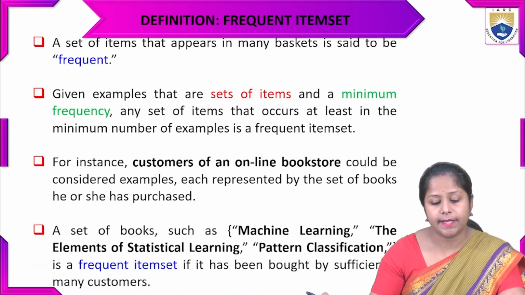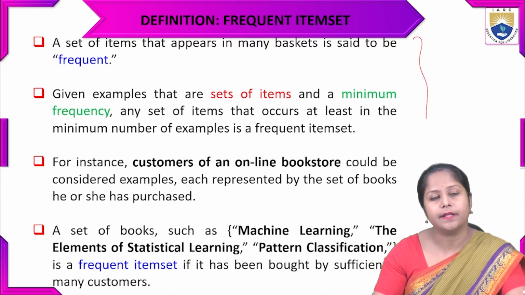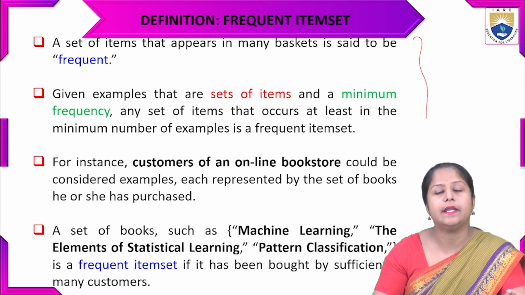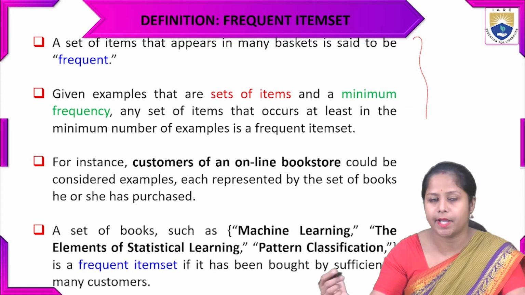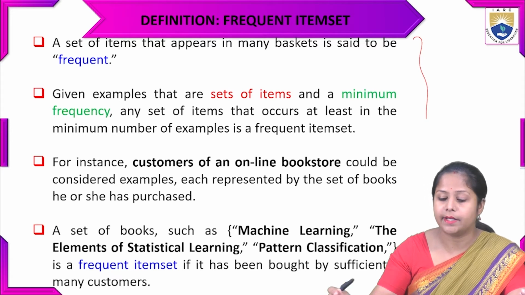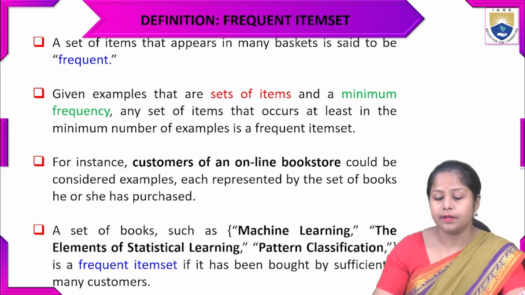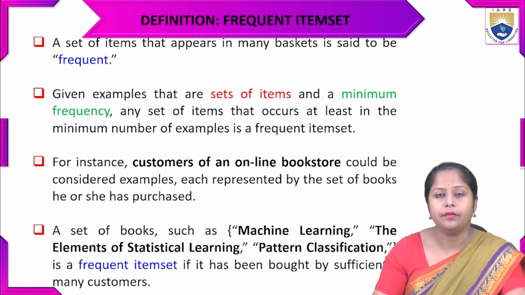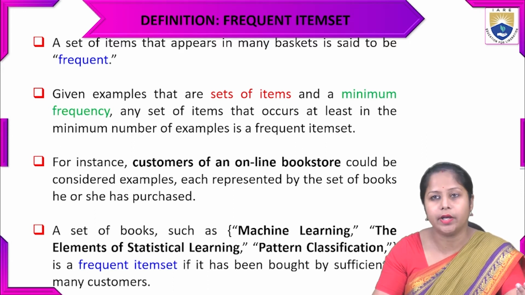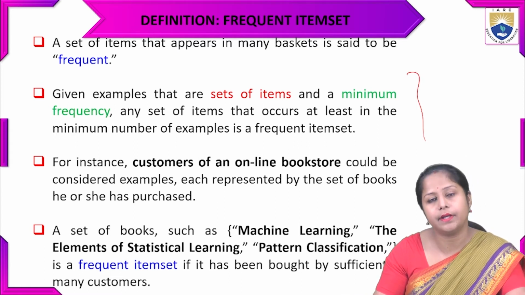If a set of items appears in many baskets, many of the transactions, that is called frequent. That is the definition of frequent. Given a set of items and a minimum frequency, any set of items that occurs at least the minimum number of times is a frequent item set.